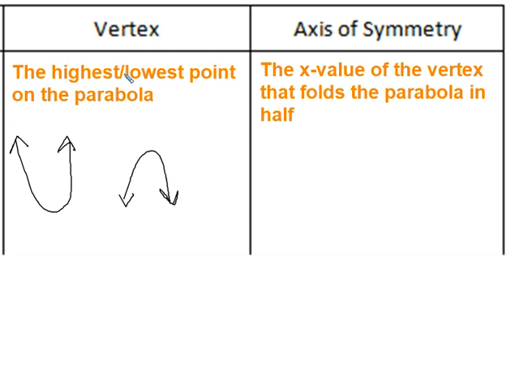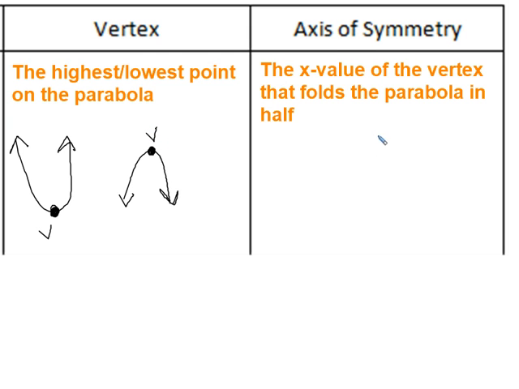And the vertex is the highest or lowest point on the parabola. So if we have a U-shaped parabola that opens up, the vertex in this case would be the lowest point, kind of the point at the bottom. But on the other side, if we have a parabola that's going down, the vertex would in this case be a highest point, the one at the very tippy top. So maybe we'll label these as the vertices, okay, plural of vertex.